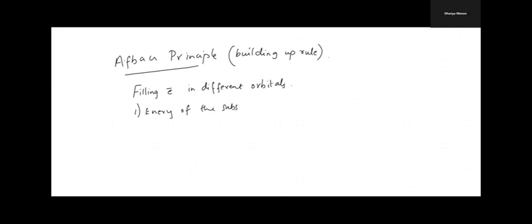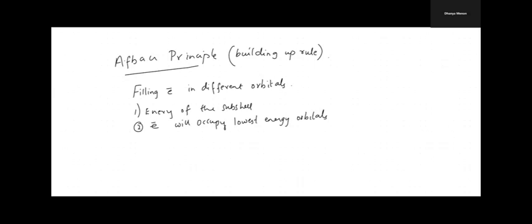Also, the electron always tries to be in the lowest energy state. So the electron will always occupy lowest energy orbitals first. Okay, so that's the rule.